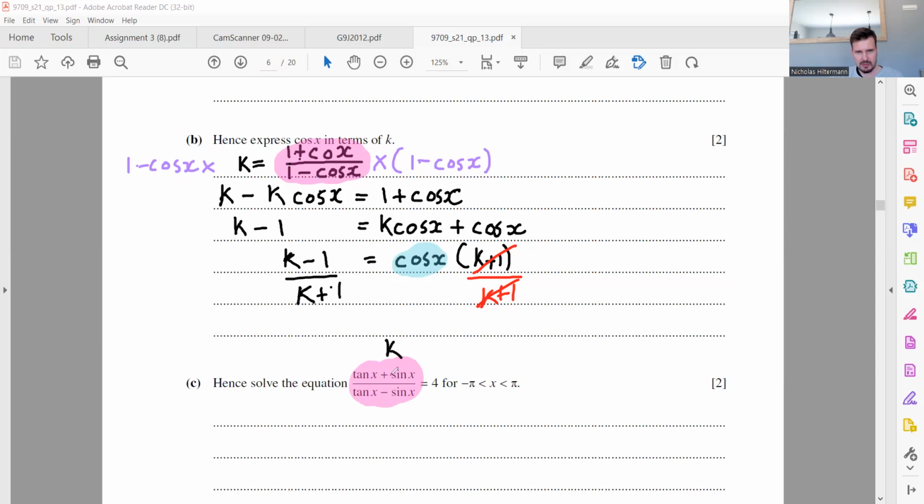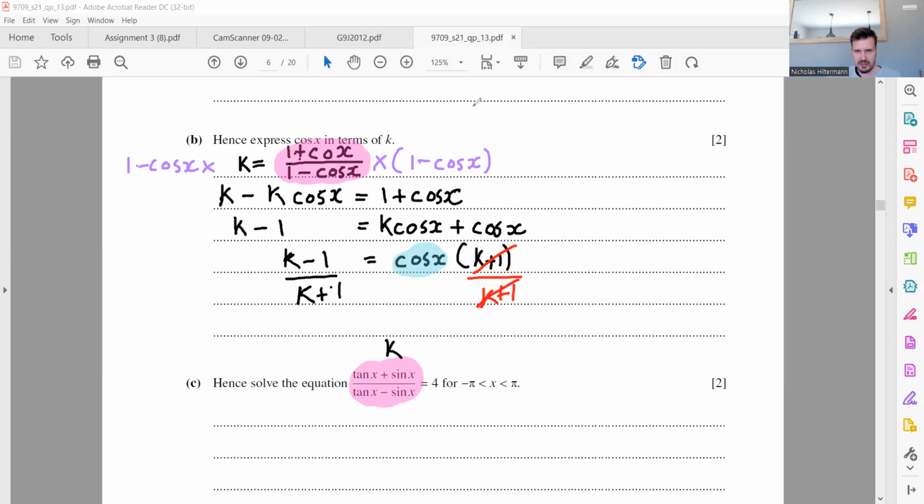Then the second thing was that from A, we figured out that this is actually equal to k. So essentially what they're saying is k is 4. But of course, we've solved for cos x in terms of k, haven't we? So if k is 4, we can just sub our 4 into this.